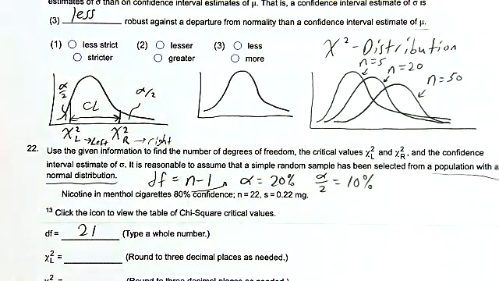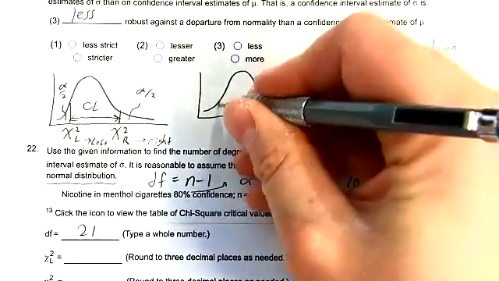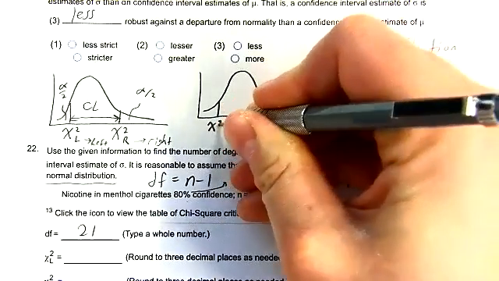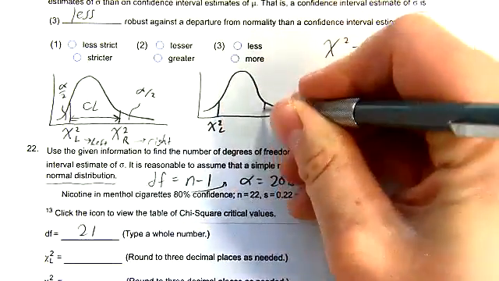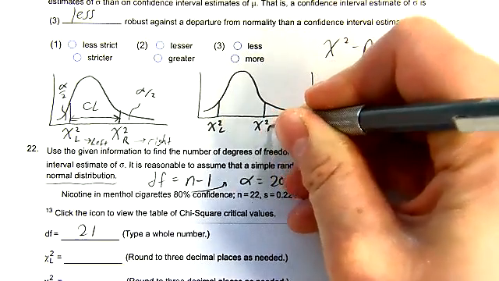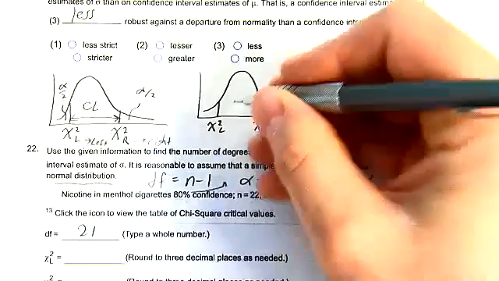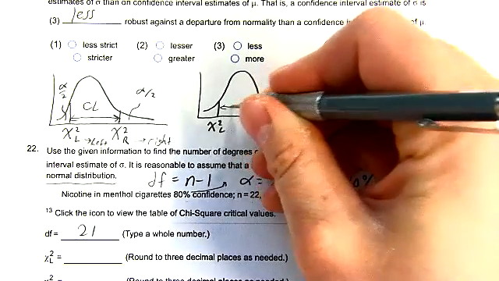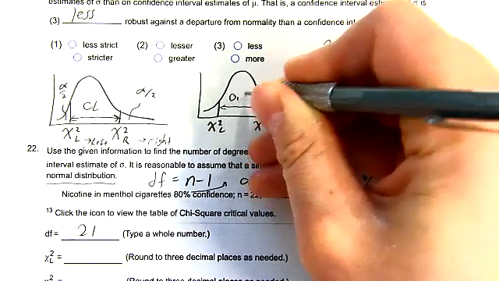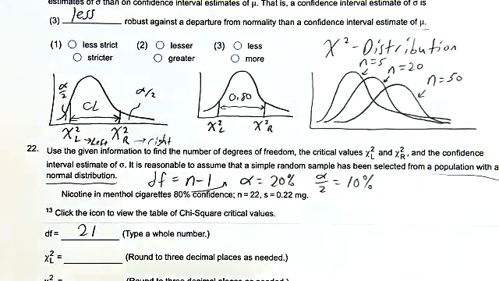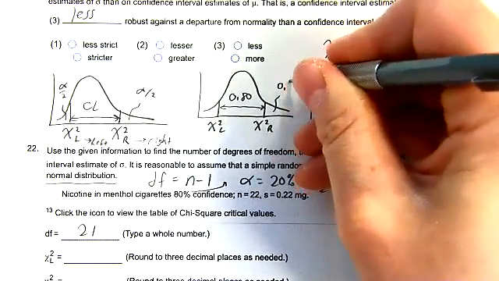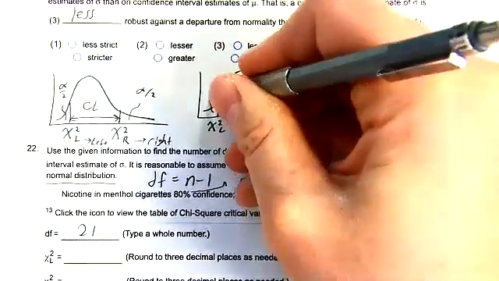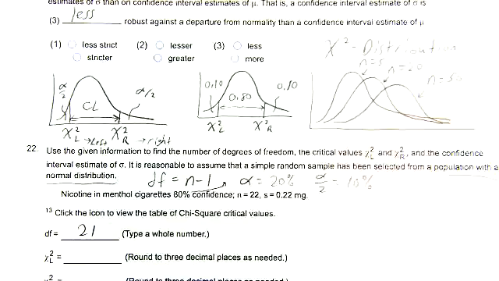I've got the chi-squared generally, and then I'm going to have a chi-squared left here and a chi-squared right here. This area between these two flags is 0.80, which means there's 0.10 here and 0.10 here.